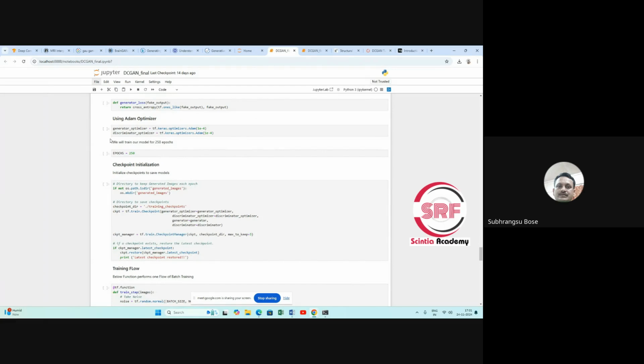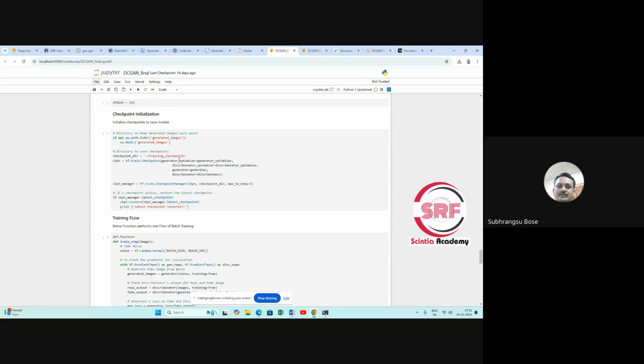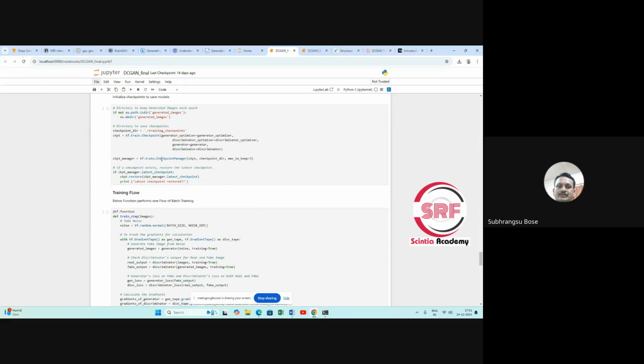The training will run for 250 epochs. Epochs equal to 250, I consider. And checkpoint is very necessary. What is the checkpoint? Checkpoint means at every epoch we want to store the image. At every epoch, step by step, we want to store the image. Then we understand the actual training process, how the training improves from one epoch to another.